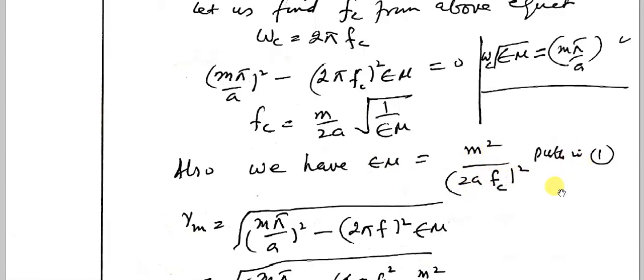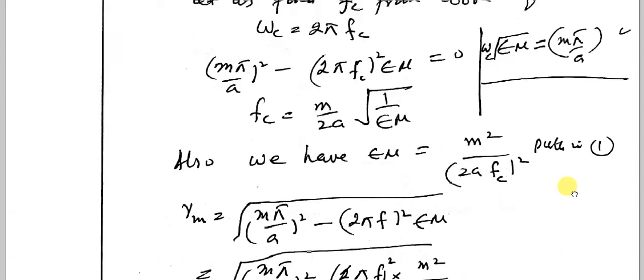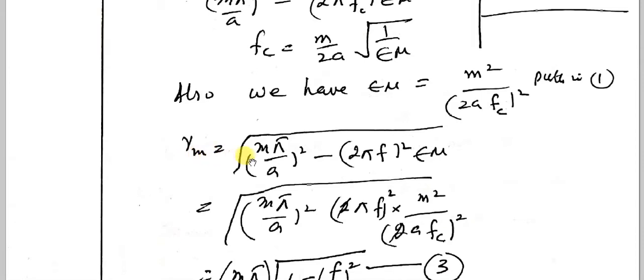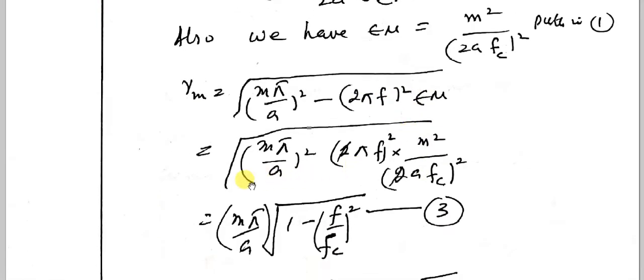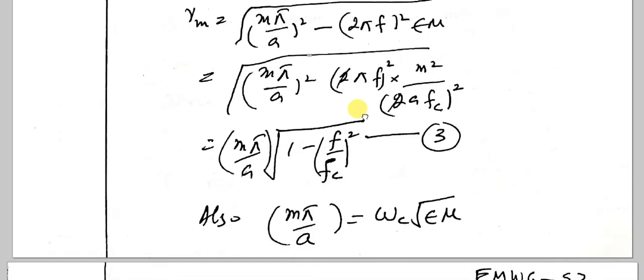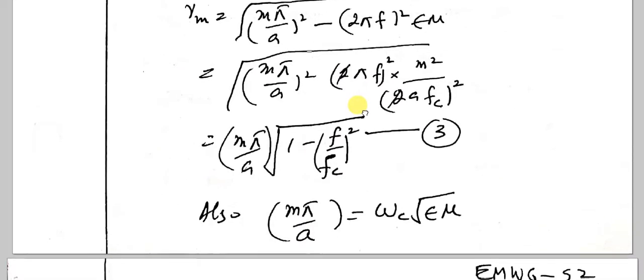Now putting this value into equation 1, the initial equation, with 2 pi f whole square epsilon mu, and further rearranging and cancelling the terms in the denominator and numerator, we are left with the final equation, which is m pi over a times the square root of 1 minus (f over fc) whole square.